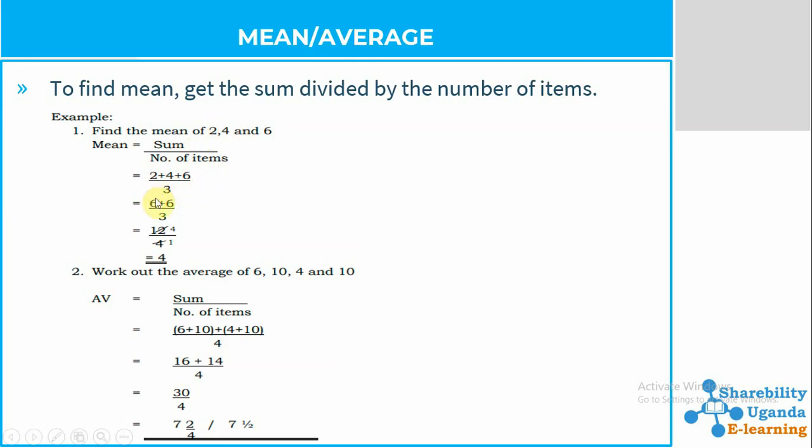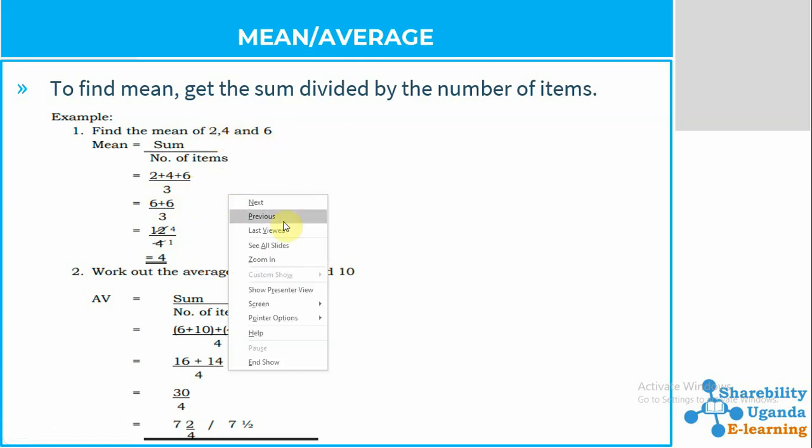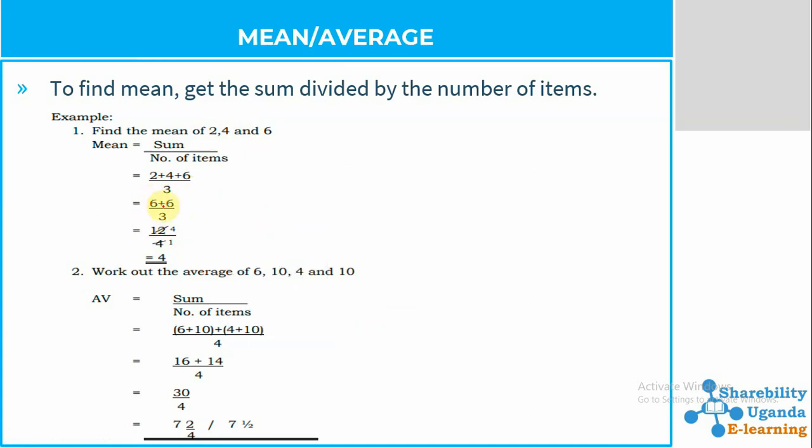We have 2 plus 4, which is 6, then 6 plus 6 is 12, so 12 divided by 3, because these numbers are 3.